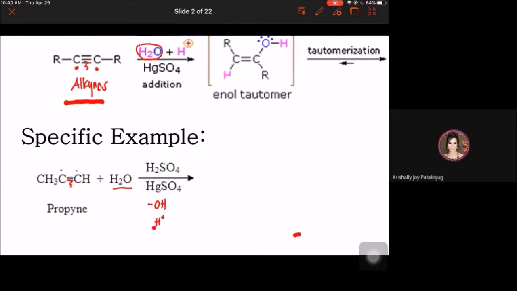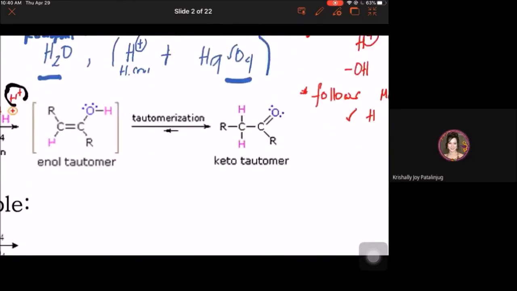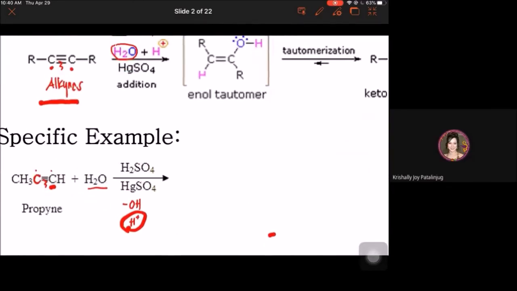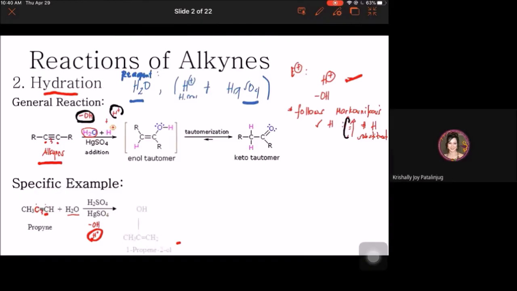So recall Markovnikov's rule: the hydrogen will be added to the carbon with the greater number of hydrogens. This carbon has no more hydrogen, while this carbon still has one hydrogen. So the hydrogen attachment will go to the second carbon, as you can see here. This would be the first carbon, second carbon, and the third carbon.